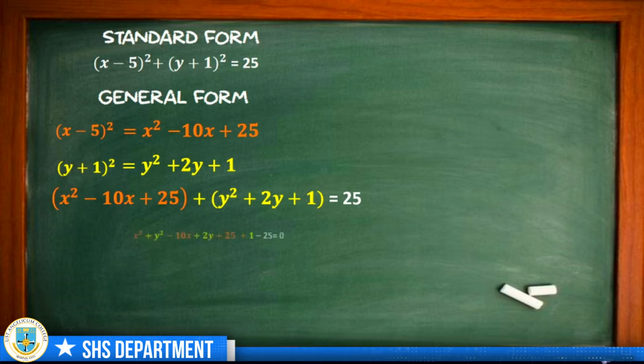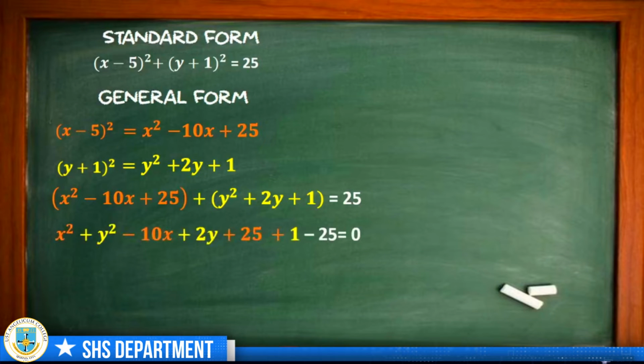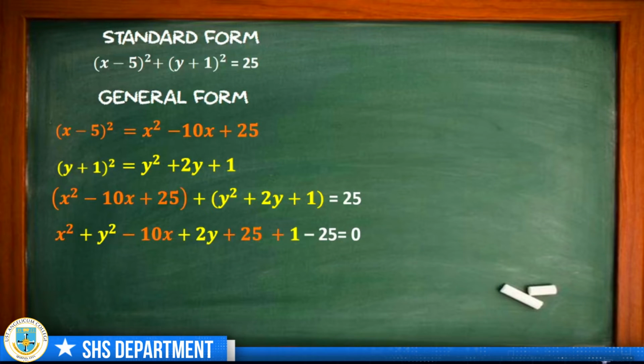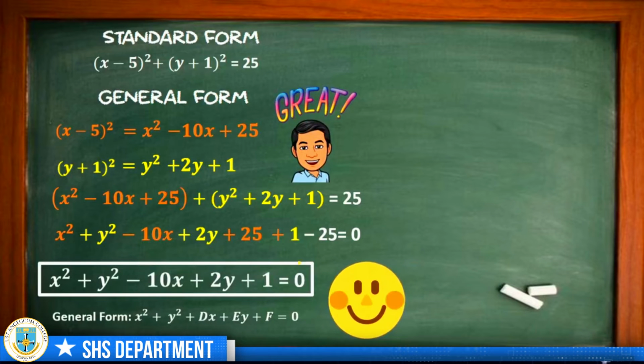So that will give us x squared plus y squared minus 10x plus 2y plus 25 plus 1 minus 25. So we move it to the left side of the equation, is equal to 0. Then simplifying this further, so we have x squared plus y squared minus 10x plus 2y plus 1 is equal to 0. So that will be the equation in general form.